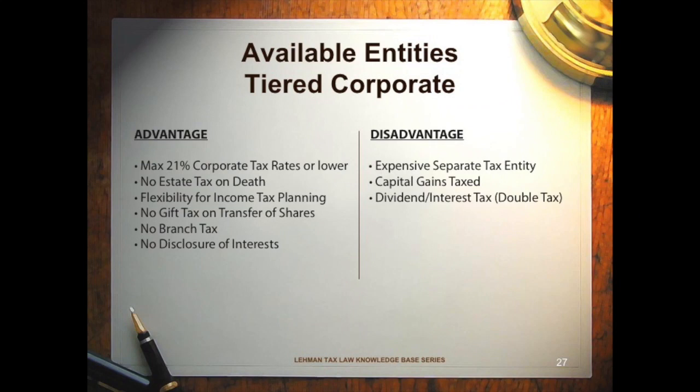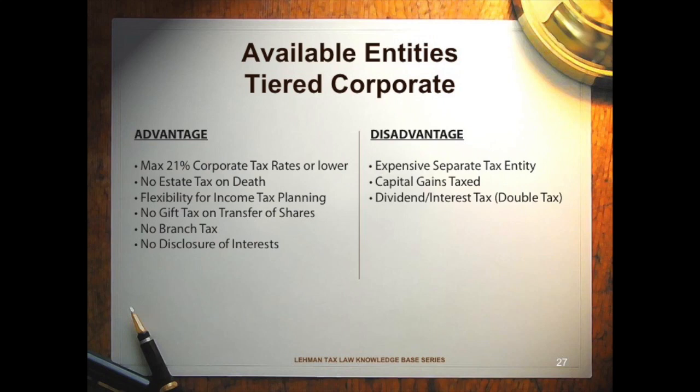The next one we're going to look at is when you get very, very sophisticated. And that is what I call the tiered corporate entity. And what that means is one will open a foreign corporation so that they will not have to worry about paying the U.S. estate and gift tax.